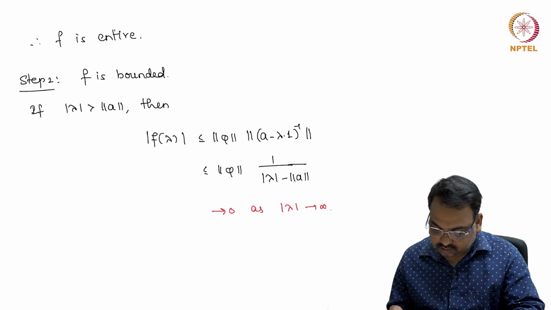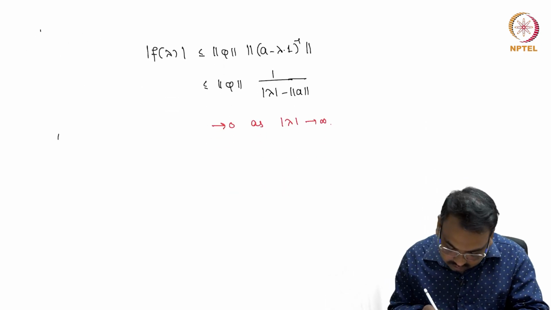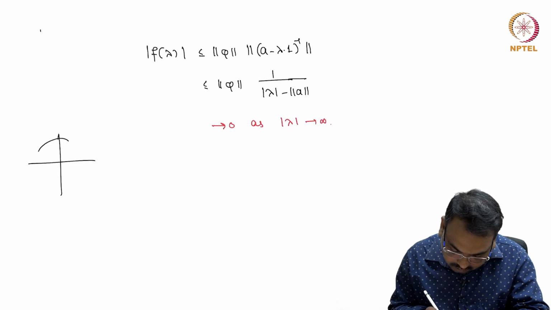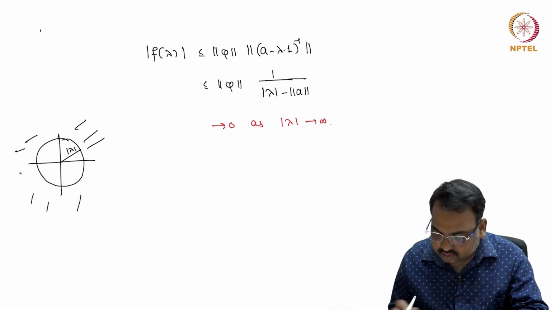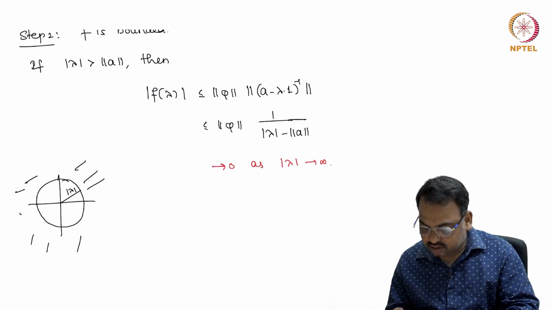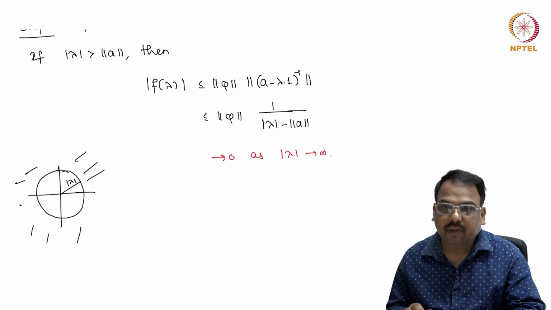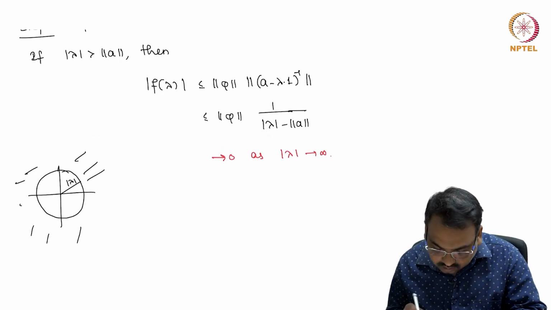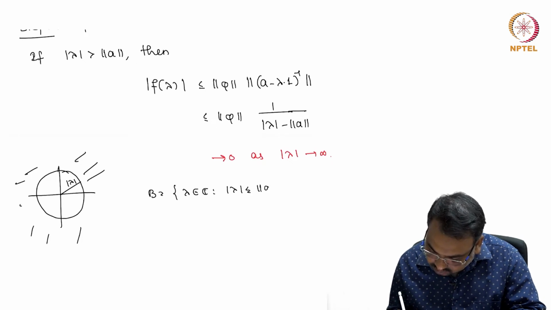Okay, so outside the disk with radius norm A, the function is bounded and in fact it goes to 0 as mod lambda goes to infinity, but the closed disk is compact. So let us take B as the set of all lambda in C such that mod lambda is less than or equal to norm A, so this is compact.